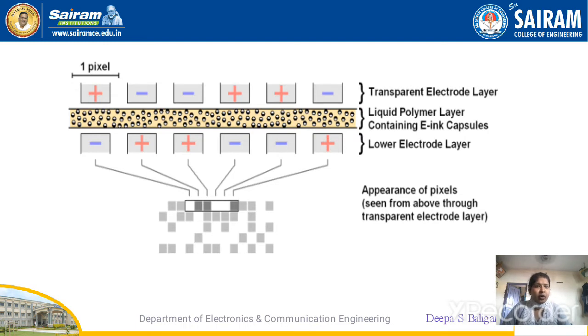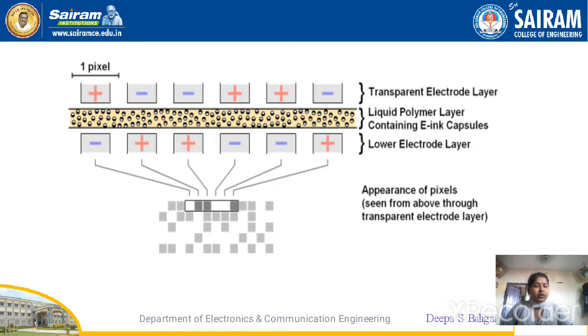It consists of polythene spheres with a diameter between 75 to 106 micrometers. Each sphere, also called a Janus particle, is composed of a negatively charged black plastic on one side and a positively charged white plastic on the other side.